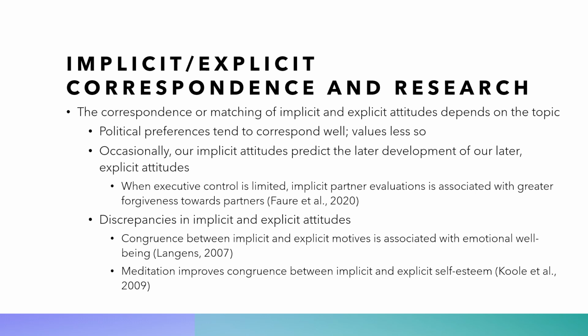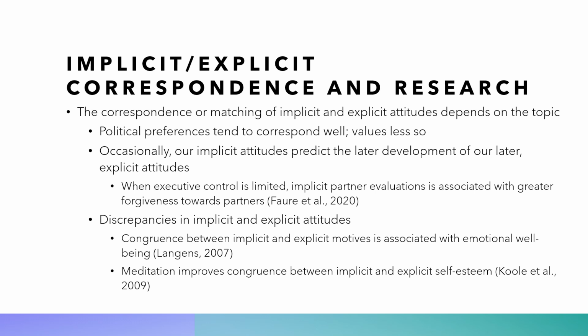When our executive control is limited for whatever reason, it was found that implicit partner evaluations are more greatly associated with forgiveness towards partners. So sometimes our implicit evaluations emerge really as the strongest predictor of something very significant in our lives, like how we react to our relationships.